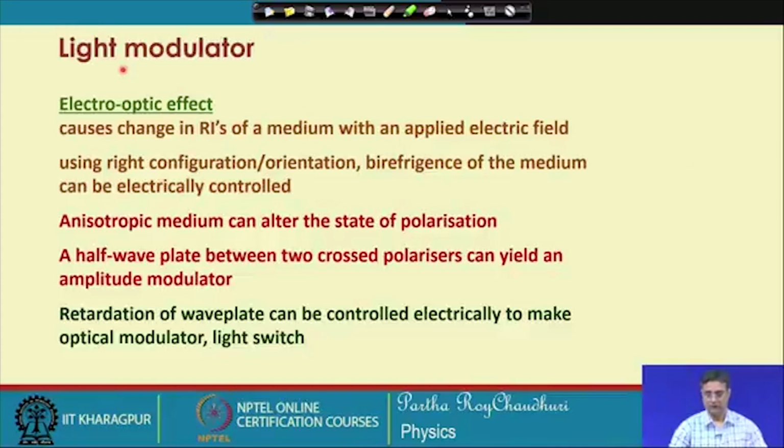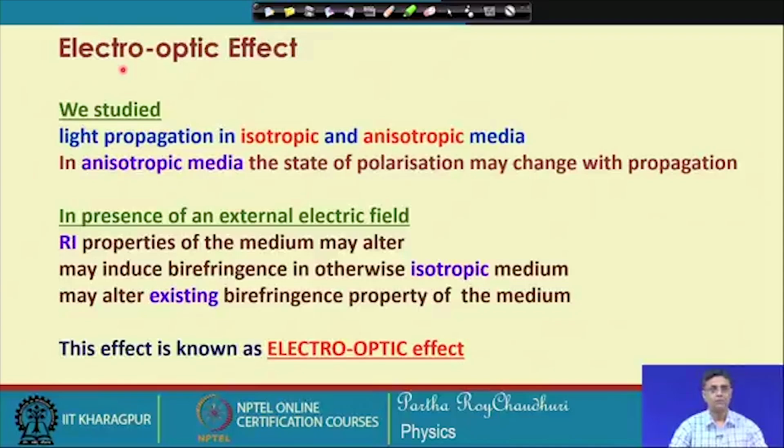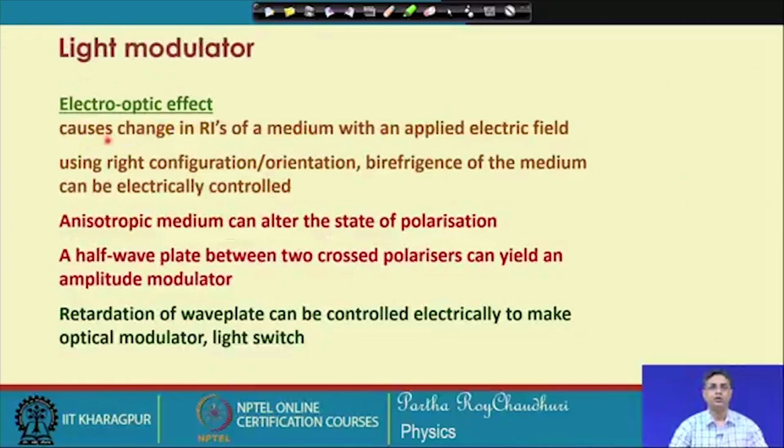Light modulator. Electro-optic effect causes changes in the refractive index of a medium with regard to an externally applied electric field, and if the medium is placed with right configuration or orientation, with a suitable positioning of the medium with respect to the propagating electromagnetic waves, the birefringence that will be induced in the medium can be electrically controlled by change in the magnitude of the external electric field.